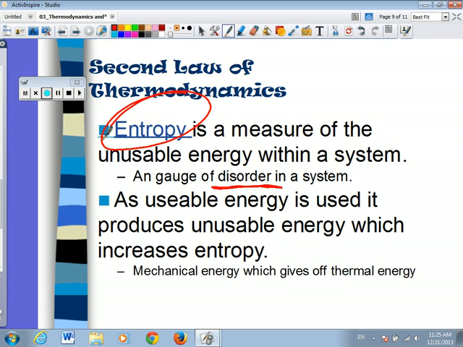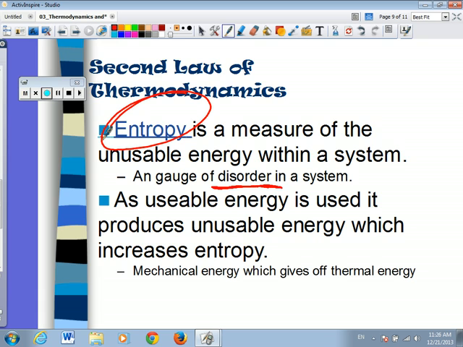So what happens? As usable energy is used, it produces unusable energy, which increases entropy. What does that mean? Every time energy is transferred from one form to another, you lose a little bit along the way. When that little bit is lost, it adds to this idea of disorder or chaos or whatever you want to talk about.